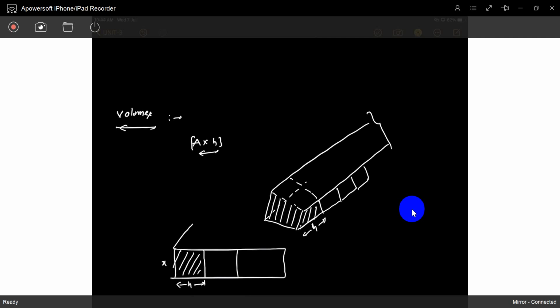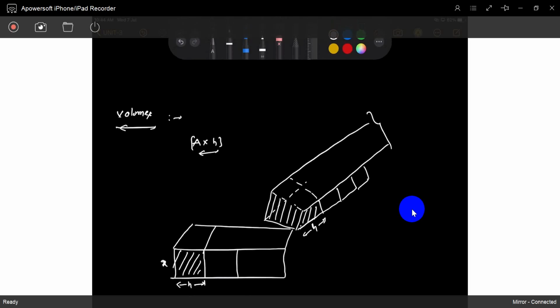Now we choose the same thing, but not just one linear element. We take an area, the area of this portion, multiply it with the interval distance, and we get the volume. It is just one degree higher. Previously we took a linear element, height, multiplied with interval distance to get the area. Now we take area multiplied with interval distance to get volume. Same methods, no problem at all.